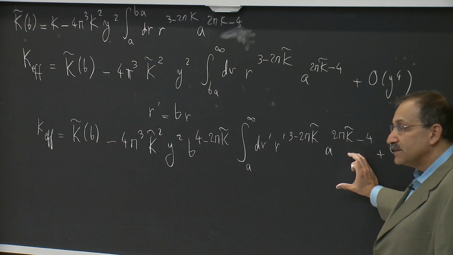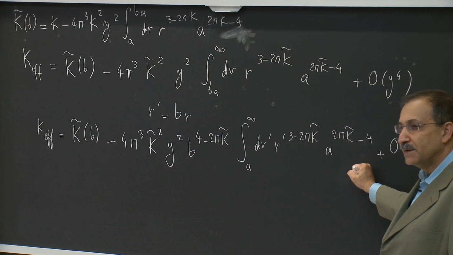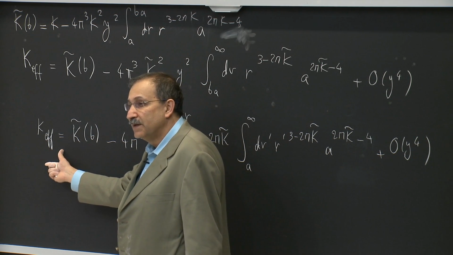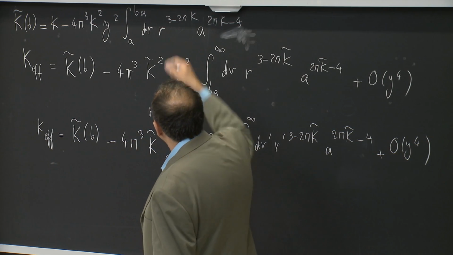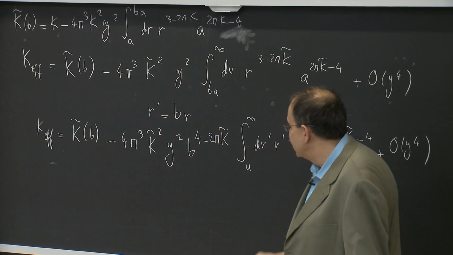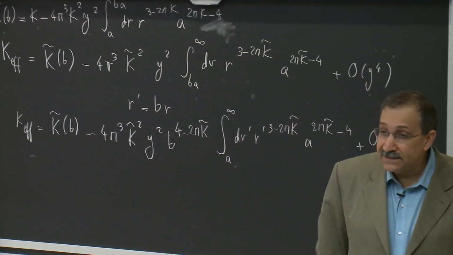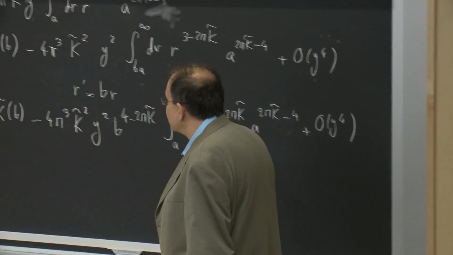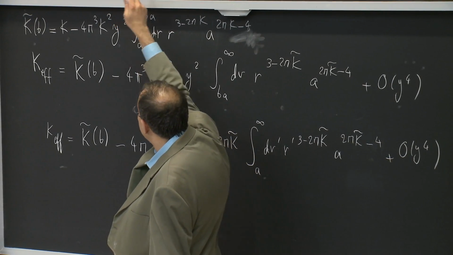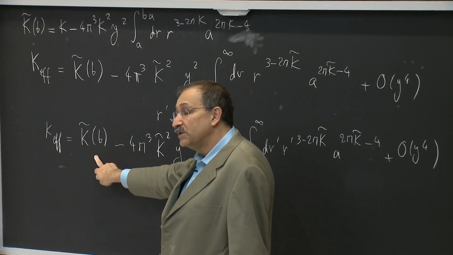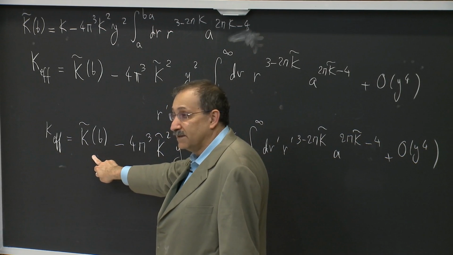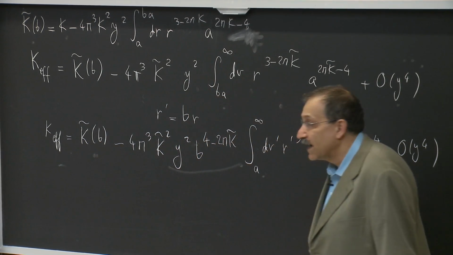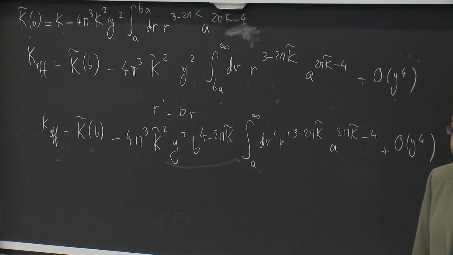So we see that the same effective interaction can be obtained from two theories that have exactly the same cutoff a, except that in one case I had K and y. In the new case, I have this K tilde or K prime at scale b, and I have to replace where I had y with this additional factor.